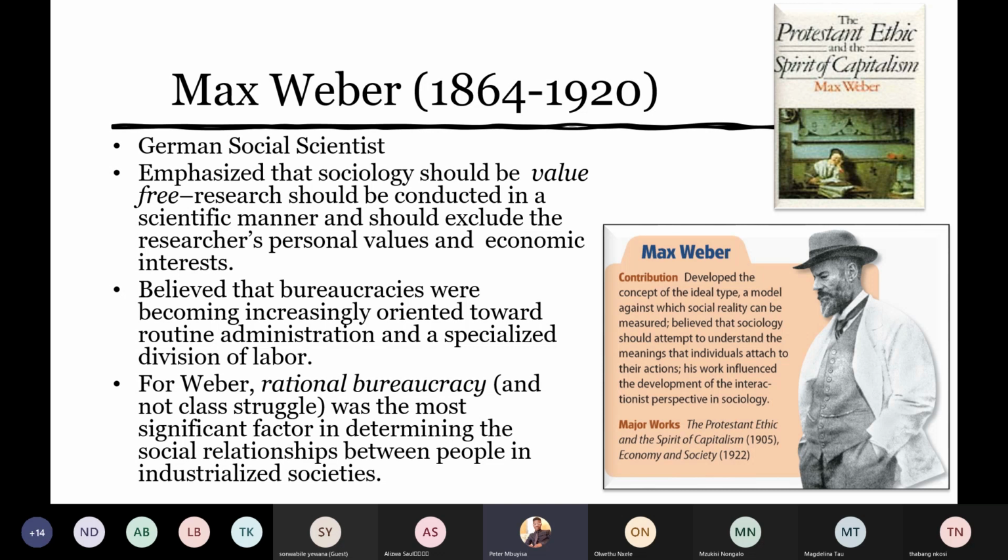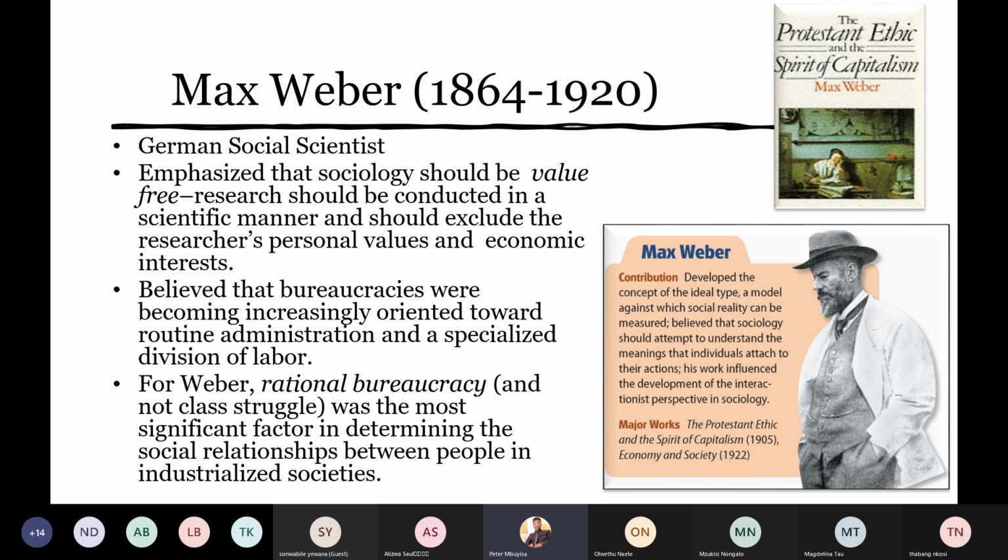So he said we need to be objective in studies. In a way, he was saying let's move away from attaching our morals and values, and try to study society in an objective manner. Hence, sociology is a scientific study. So that's one of his contributions on that.